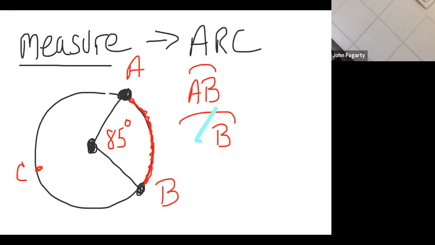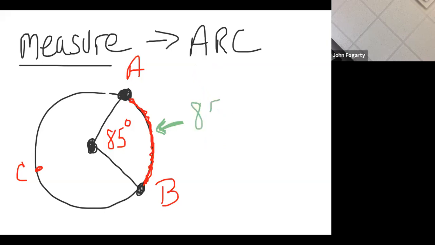Now, each of those arcs has a measure, right? So this arc right here has a measure, and I'm telling you, it's 85 degrees. Somebody tell me what's the rule for the measure of the minor arc? What does this look like?